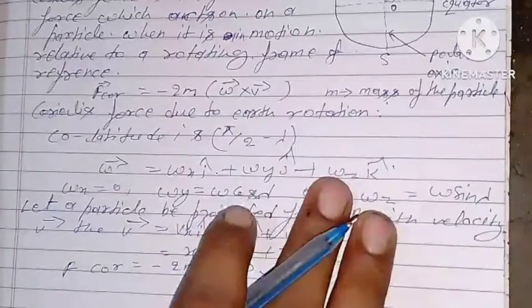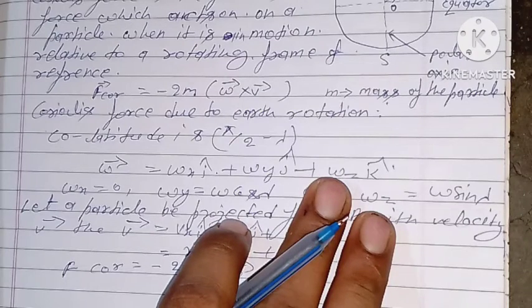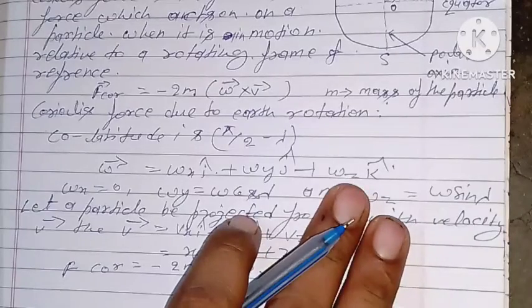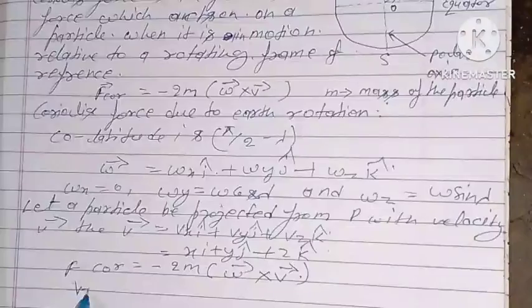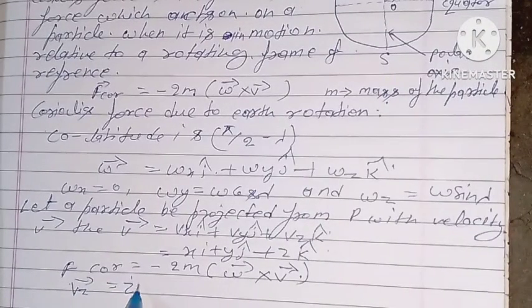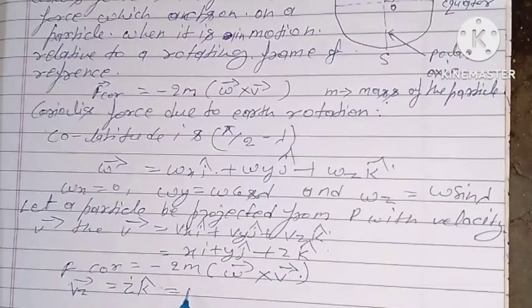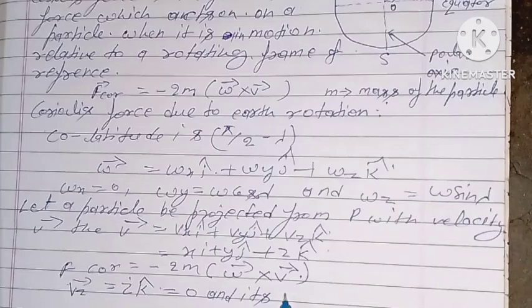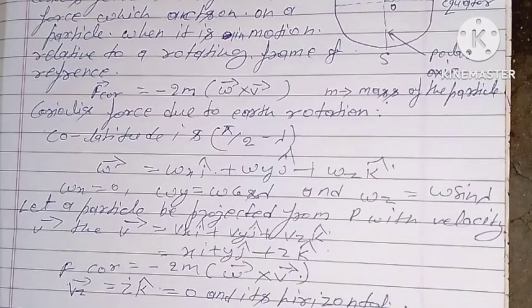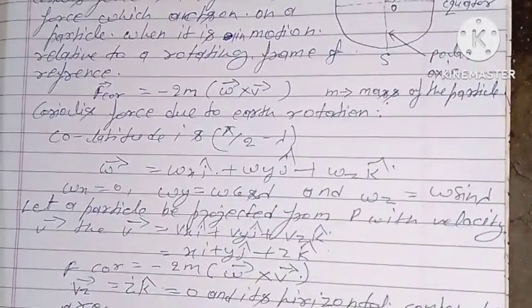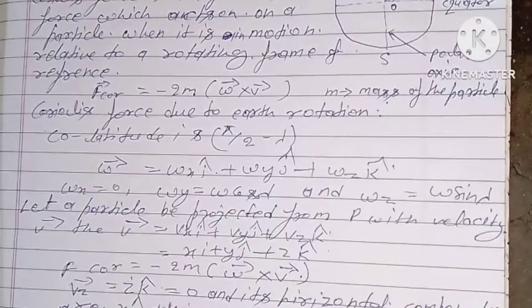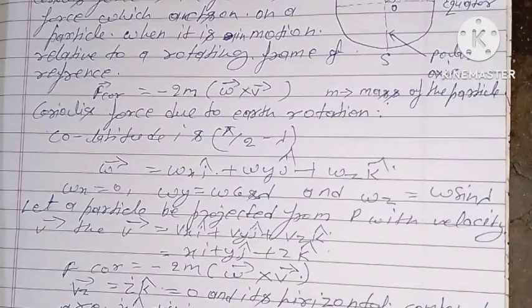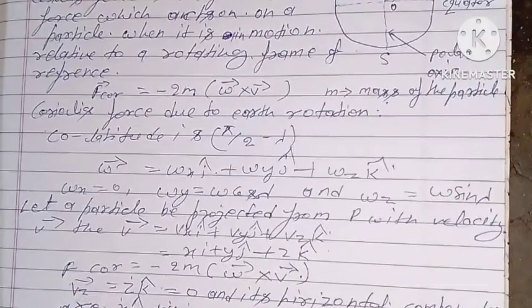As the particle has been projected horizontally, the vertical component of its velocity, vz equal to z dot k, equals 0, and its horizontal components are x dot i plus y dot j.